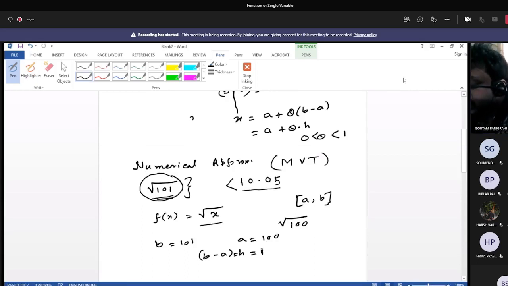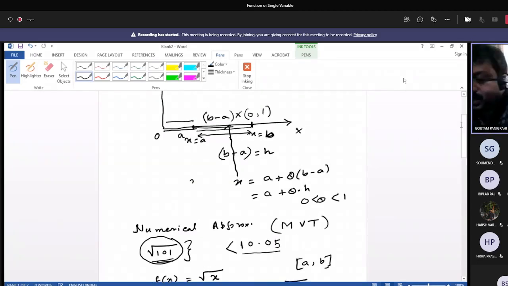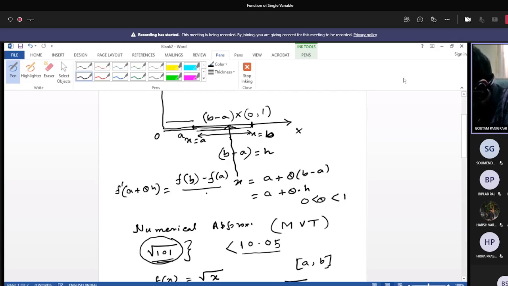Now here you can easily apply this particular formula: f dash c, where c is a plus theta h, the intermediate point, equals fb minus fa by b minus a, which is h.